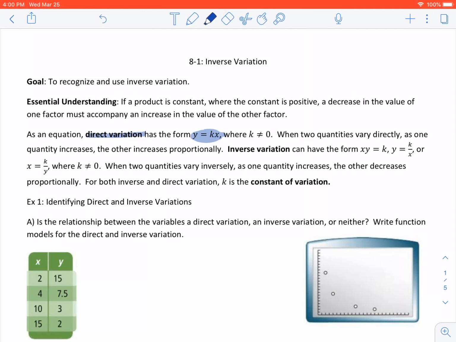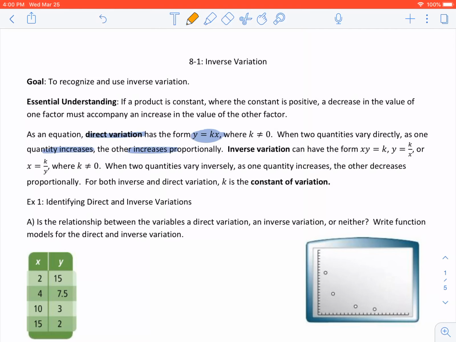And what always happened is that in direct variation, as one quantity increases, as your x increases, the other one also increases, your y increases. It also happens if x decreases, then y will be decreasing as well. So they're both either increasing or they're both decreasing, your x's and your y's.